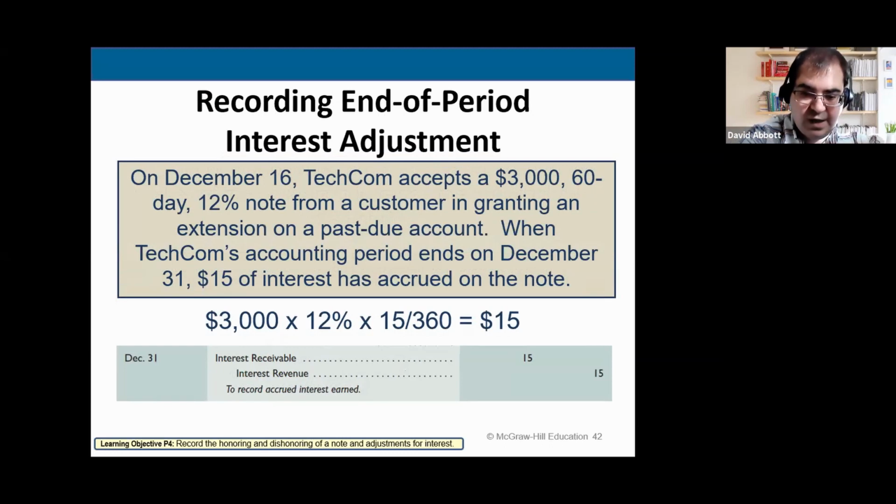When TechCom's accounting period ends on December the 31st, $15 of interest has accrued on this note. So $3,000 times 12% times 15 over 360. And so the adjusting entry shown records that revenue. So we would have a debit to interest receivable and a credit to interest revenue.